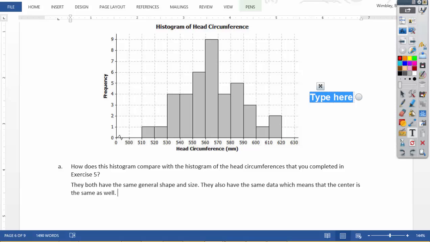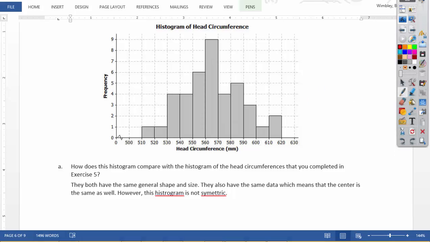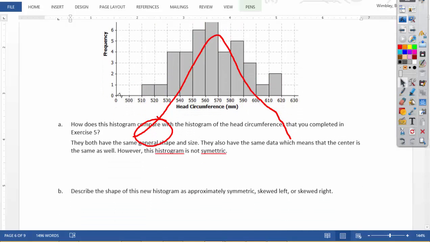Okay, there's one more thing though that I do need to add to it. This one is not what? However, this histogram is not symmetric. Let's look at that. If I draw the outline, this one is what's called slightly skewed left because there's a tiny tail on the end, so it's slightly skewed left.